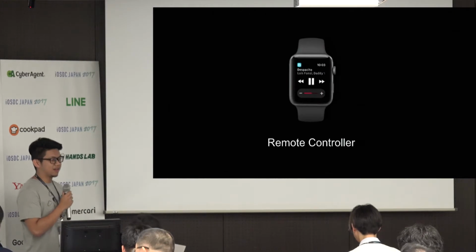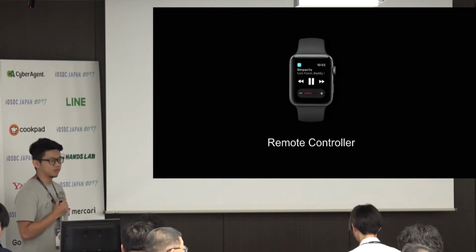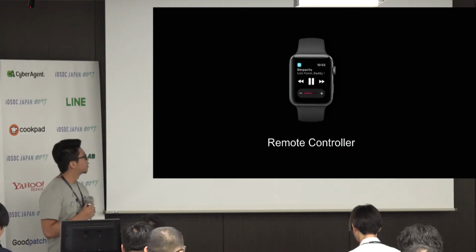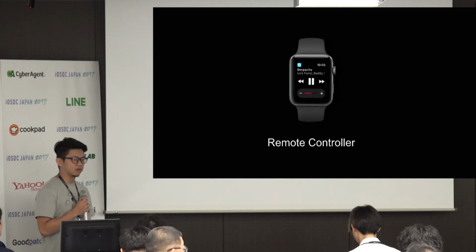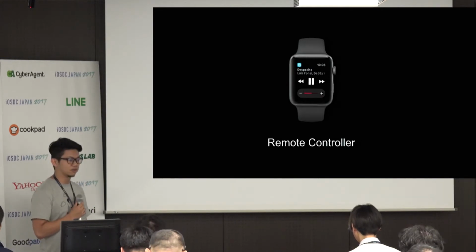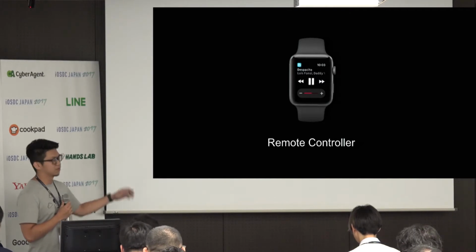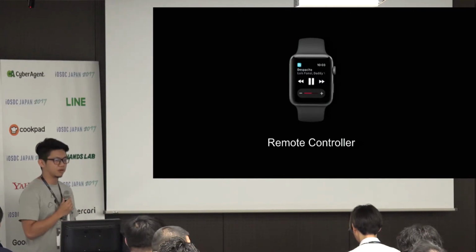Before we go through our talk, I want to review how to listen to music on Apple Watch. First, if you are listening to music on iPhone, you can use your Apple Watch as a remote controller. There is a now playing interface, and you can use it to control the player on your iPhone.